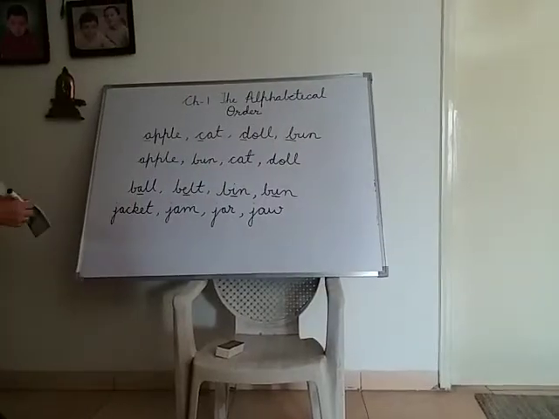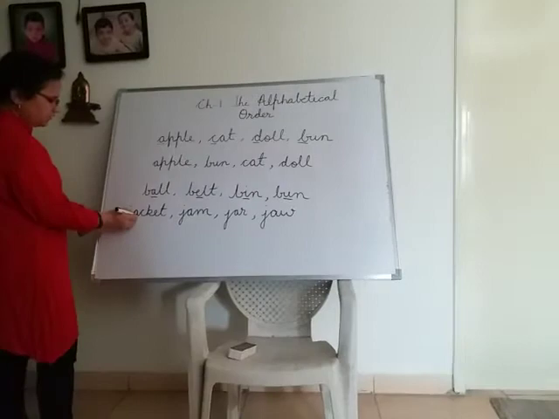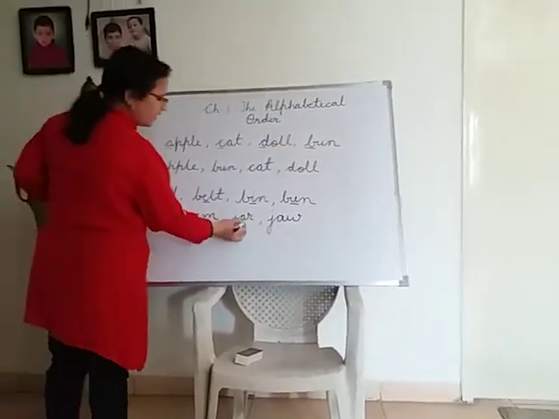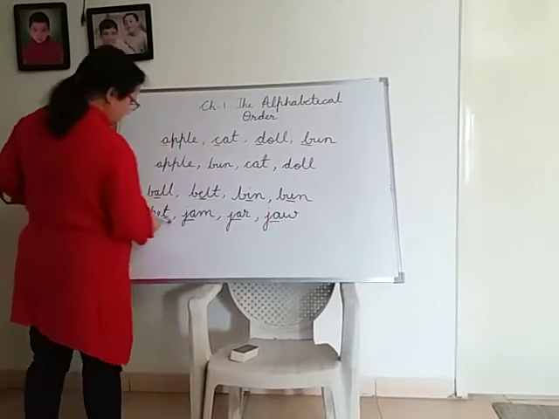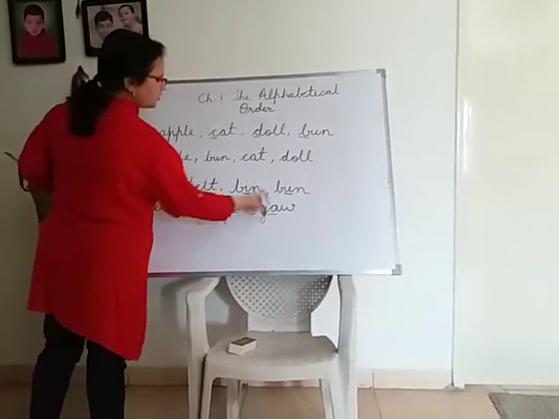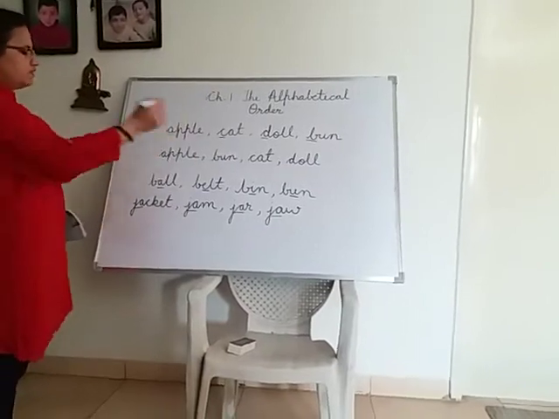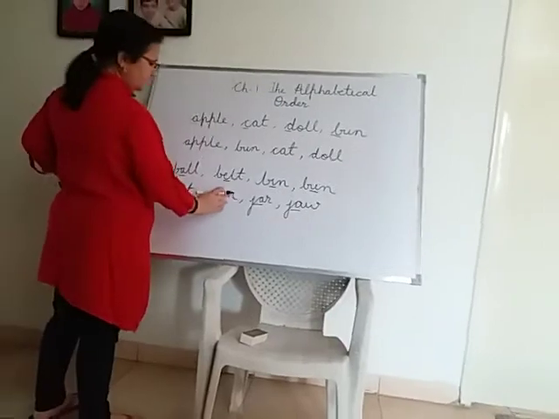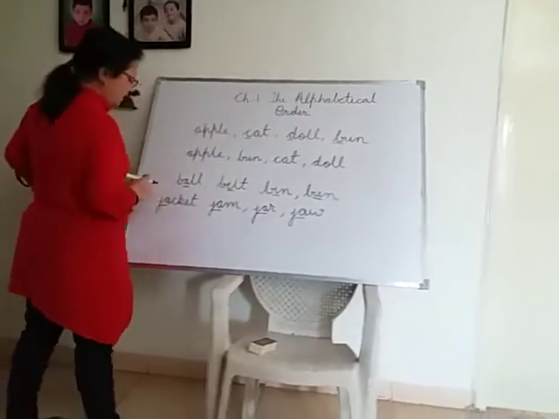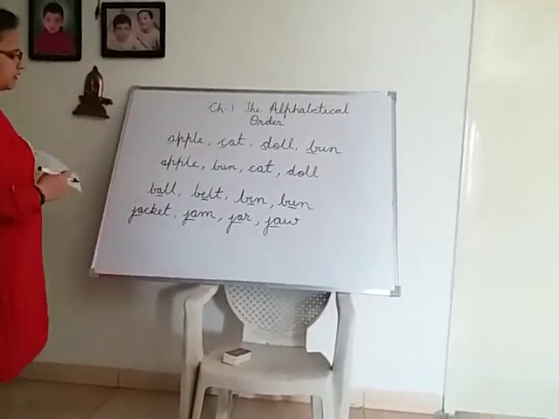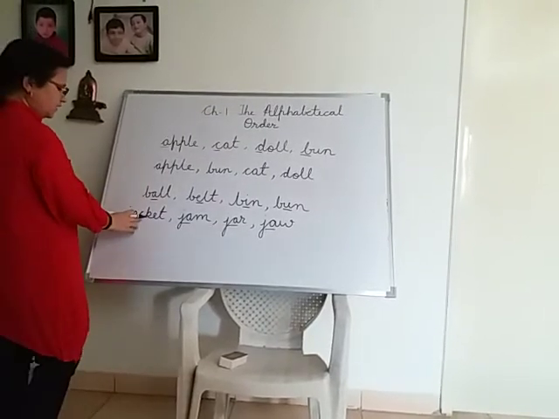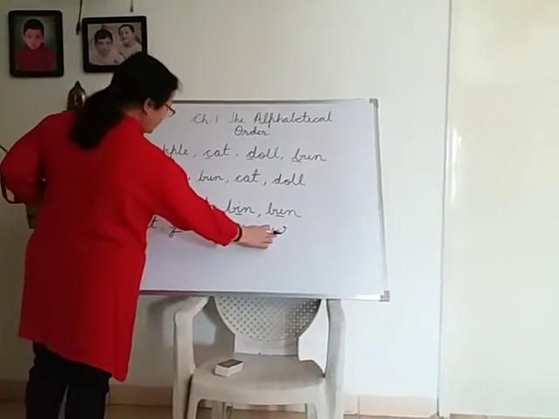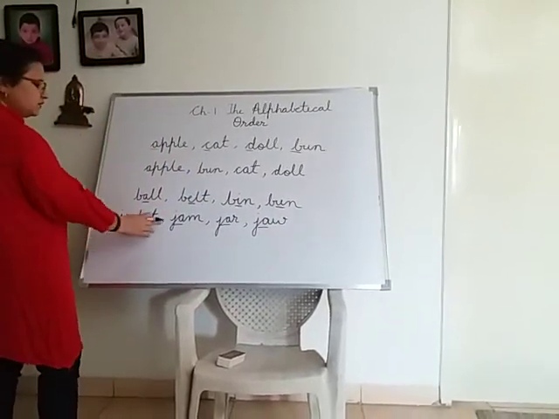Have you observed anything? Here you see the first two letters of all these four words are the same: J-A, J-A, J-A, J-A. Now how to arrange these words in alphabetical order? If the first two letters are the same, then we will see the third letter of the word. Here, the third letters are C, then M, then R, then W. So what comes first?